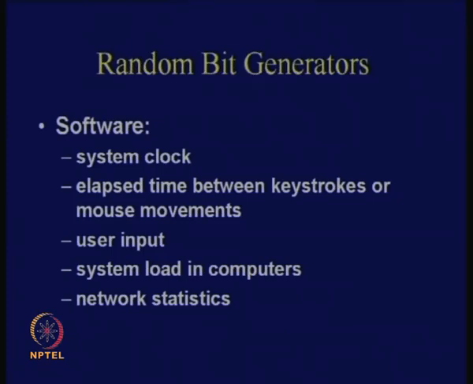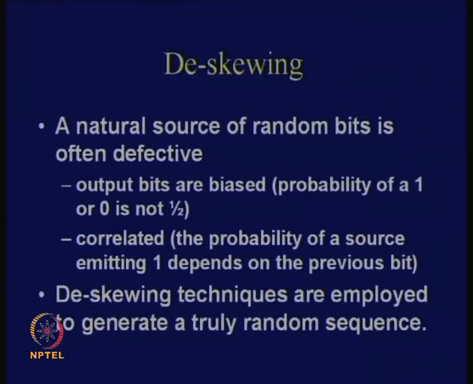So it may happen that there is a distinct correlation, or a distinct bias. The bias means that the probability of a 0 occurring is not exactly half. It is some value p which is not equal to half. Then there are certain extra steps that you have to do in order to really obtain a true random bit output. What you do is some deskewing operations. So what is deskewing?